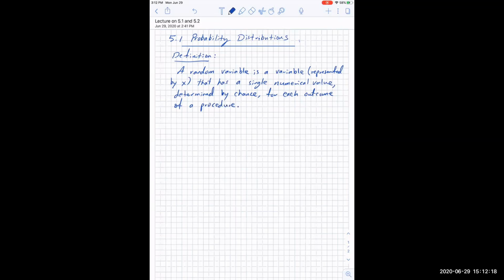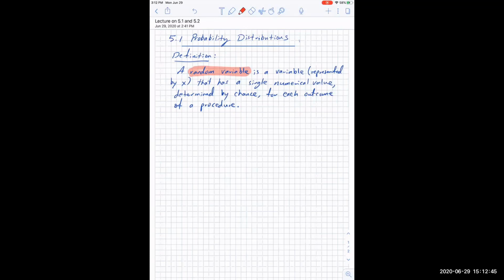Okay, so in this section, we're going to introduce the concept of a random variable and the concept of probability distribution. So a random variable is a variable whose value is determined by the outcome of the experiment.